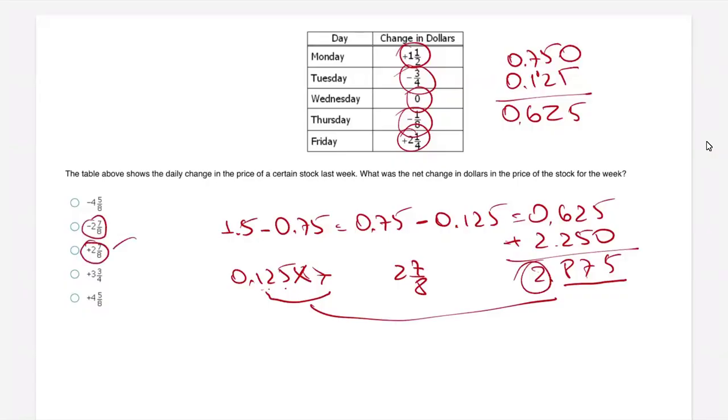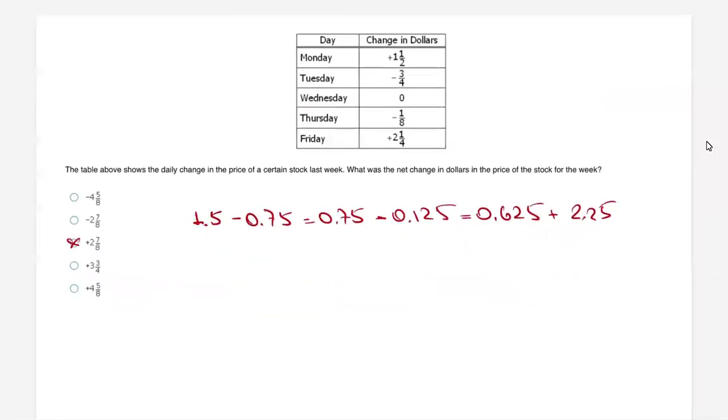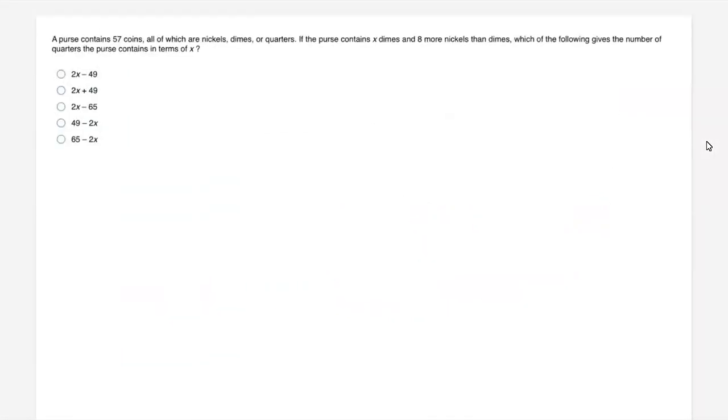It's positive, so it can be only this one. Is that okay? But it's good to memorize the things. Okay. Next one, just a second. Let's go.